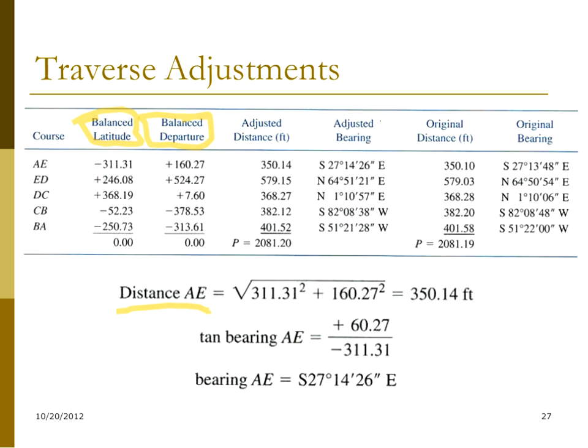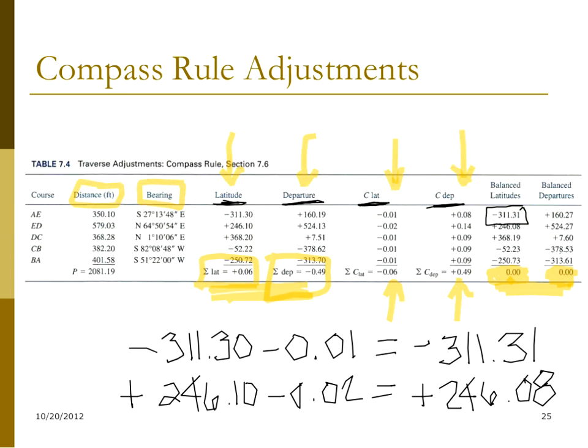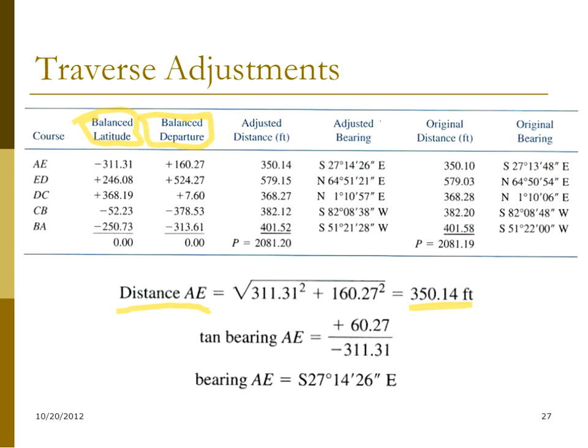So what it's showing you is that the distance between A and E is equal to the square root of the adjusted latitude squared plus the adjusted departure squared, which is equal to 350.14 feet. If you remember from our previous table, the distance that we were using for A and E was 350.10.